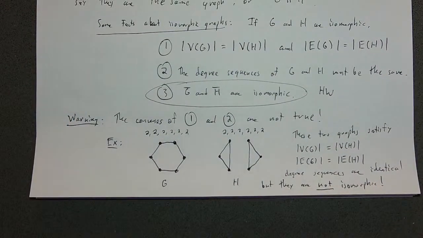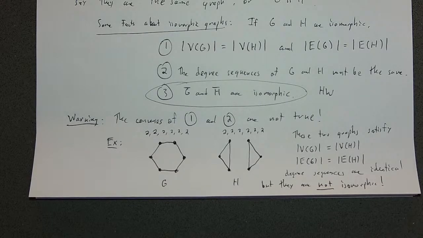How do you know they're not isomorphic? There's a few things you could say here. There are a few things that you could say to distinguish these as being non-isomorphic.